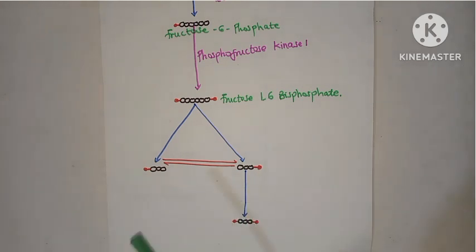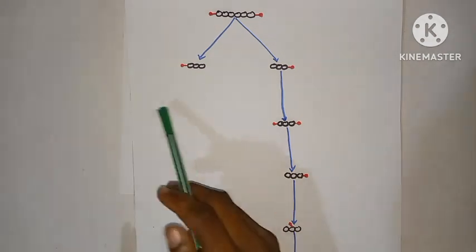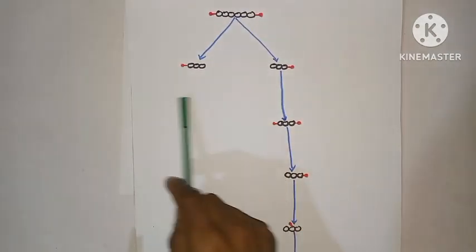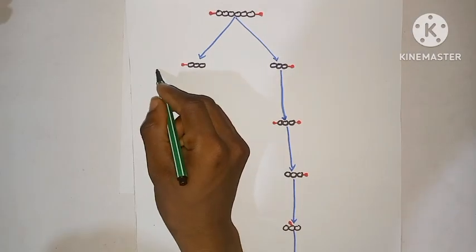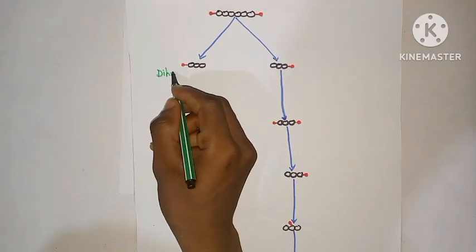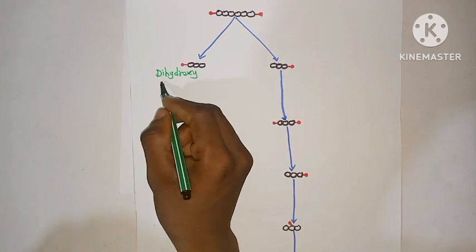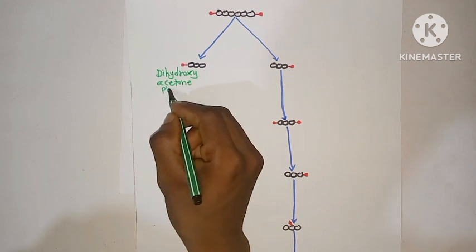The name of this 3 carbon molecule here is dihydroxyacetone phosphate. Dihydroxyacetone phosphate.